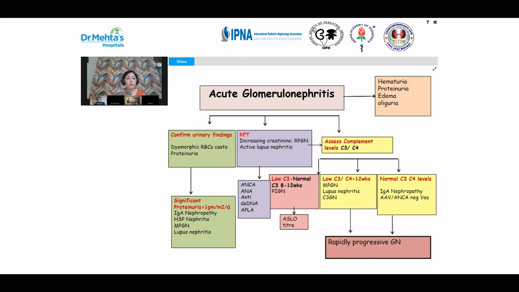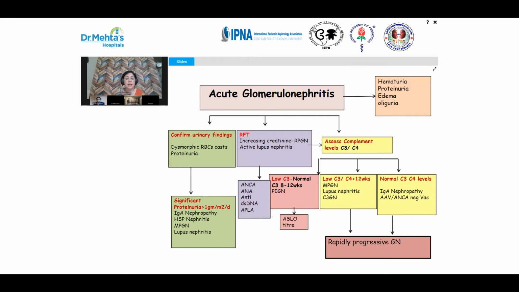We need to assess the complement because in our current understanding, we classify and manage glomerulonephritis as low complement and normocomplementemic glomerulonephritis. And we know that the low complement glomerulonephritis may either be transient, that means the C3 and C4 are low for the first 8 to 12 weeks and recover.